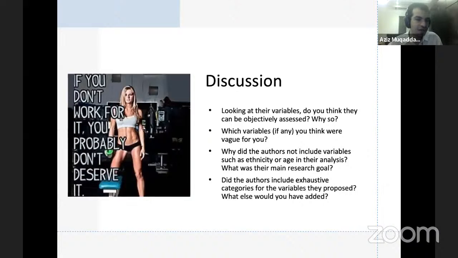For example, the authors did not code for ethnicity or for age of the model. Why is that, according to the purpose of the research? Also, do you think some other categories needed to be included in these variables? Or do you think these categories were exhaustive?